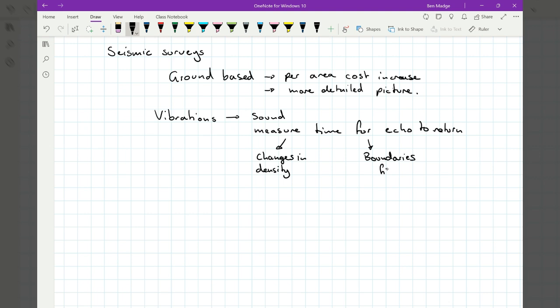So things like fissures or cracks and things like this, or tectonic boundaries where you have slip boundaries and stuff like that.